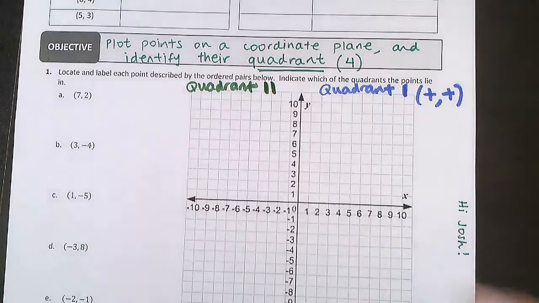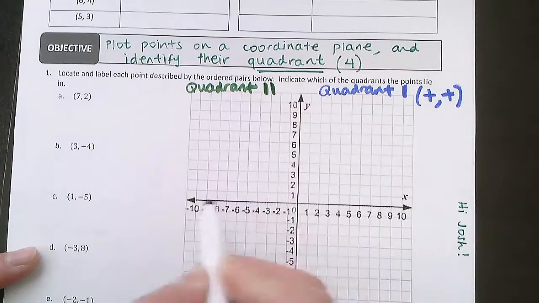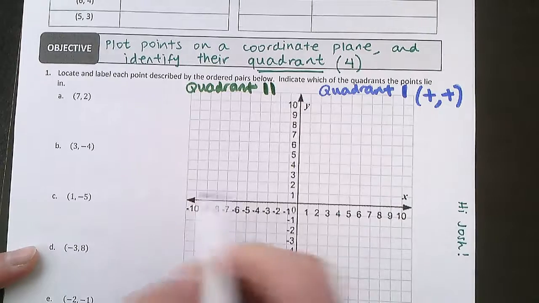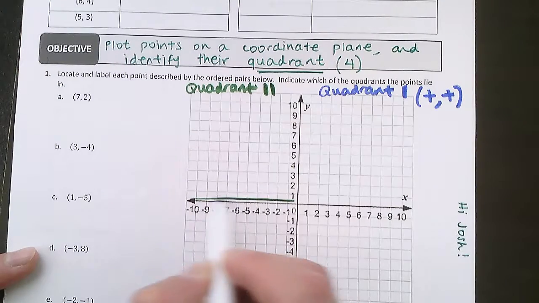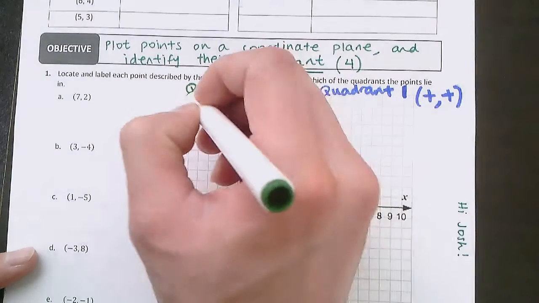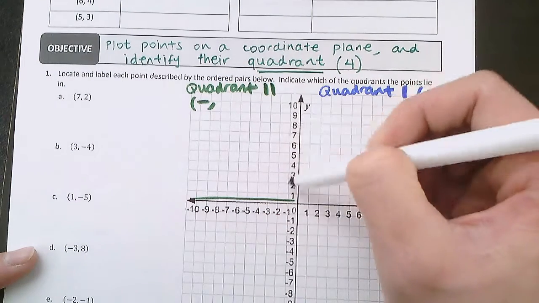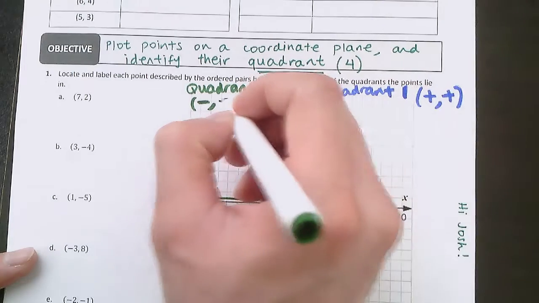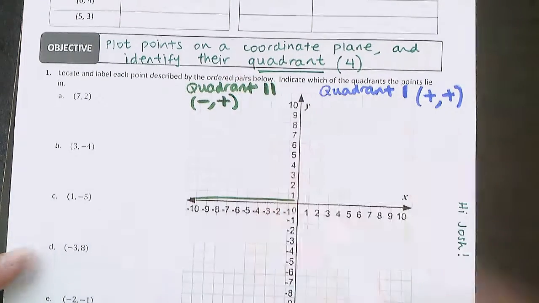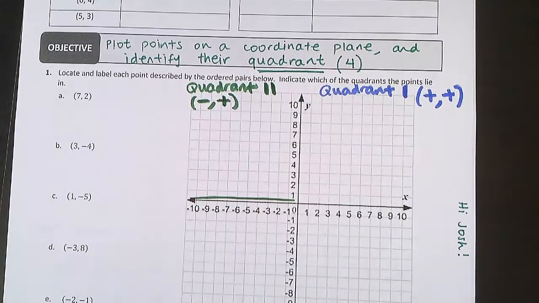And all of the points in this quadrant, the x value is going to be over here. Right? So that's going to have a negative x value, but the y values are going to be up here. These are all positive. Just like that.